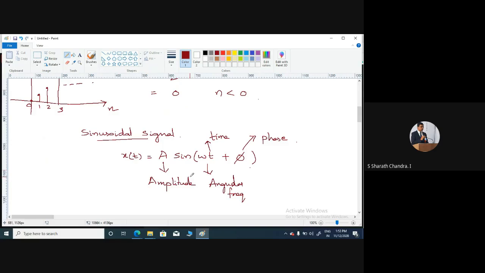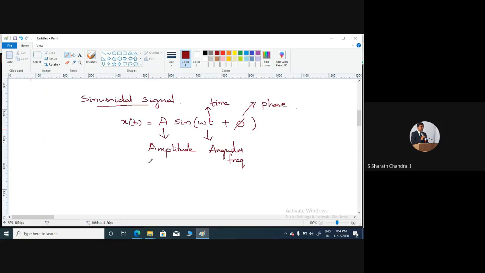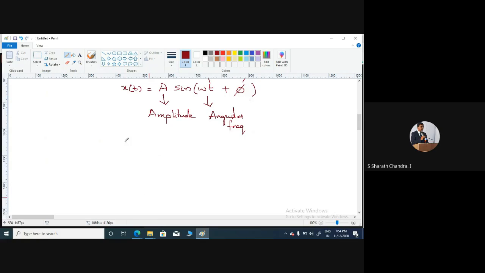If we consider the waveform of a continuous time sinusoid, it will be something like this. I would like to show a general form of a sinusoid which is slightly out of phase. That is, the phase is not equal to 0 in this case, and generally the sinusoidal signal is something like this.